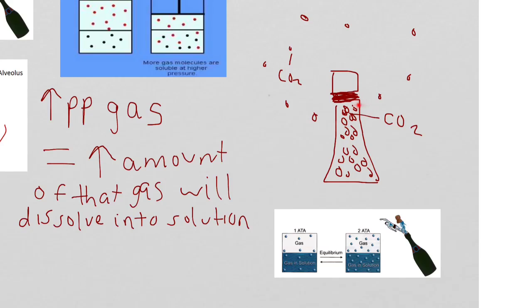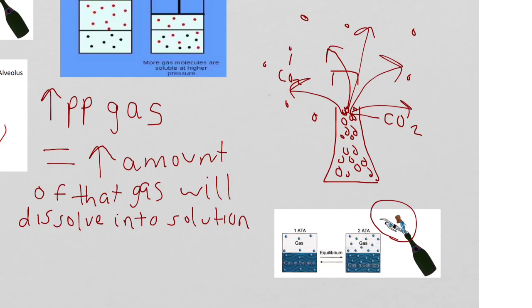So it's all gathering right there. And as soon as I remove this cap, I'm going to have all the CO2 jump out. It wants to be equal with the environment. It wants to be happy. You can kind of observe that right here in that diagram.